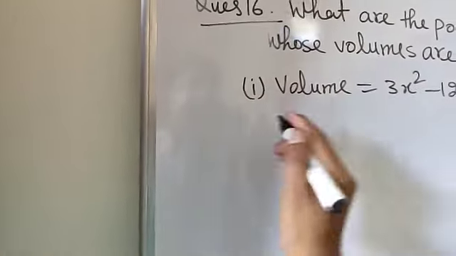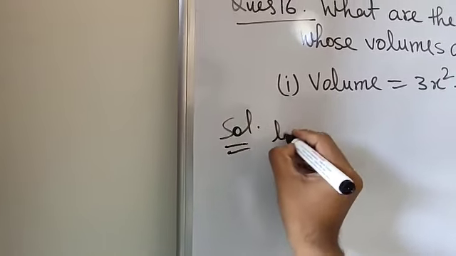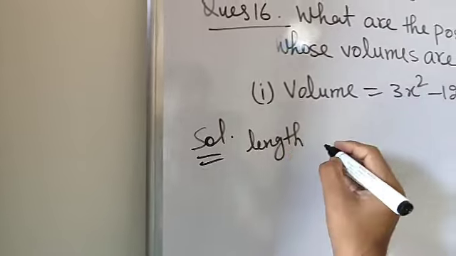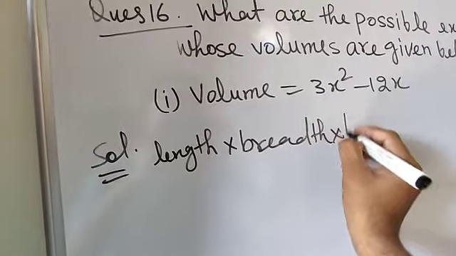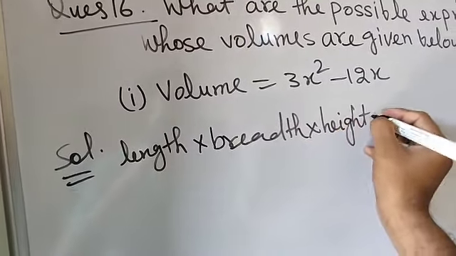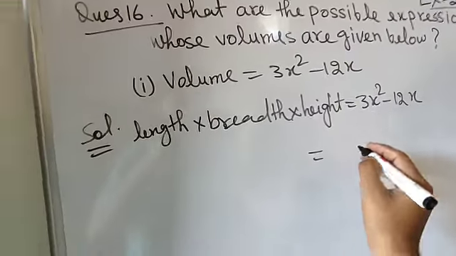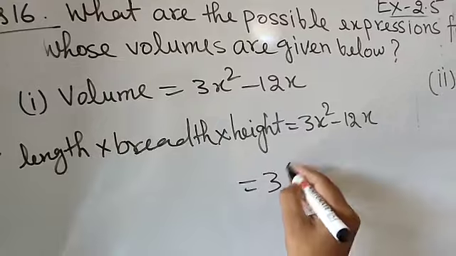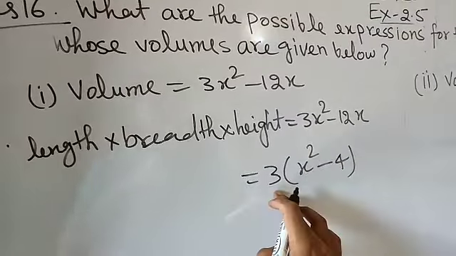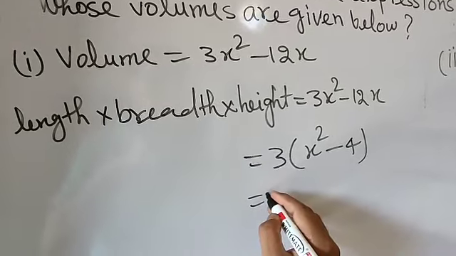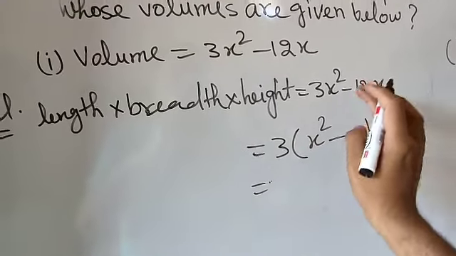So it is the volume of the cuboid. What is the formula for volume of a cuboid? That is length into breadth into height, and the given volume is 3x square minus 12x. Here you can take 3 as common, so it is x square minus 4.